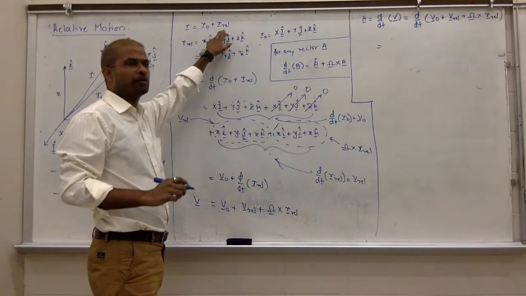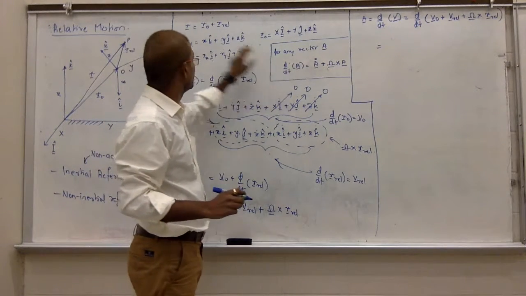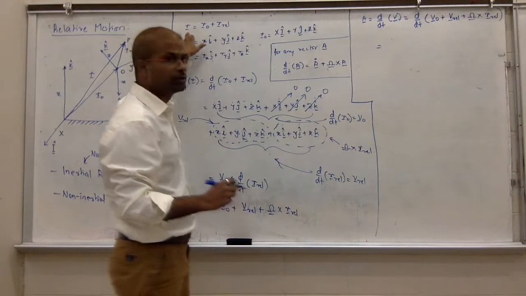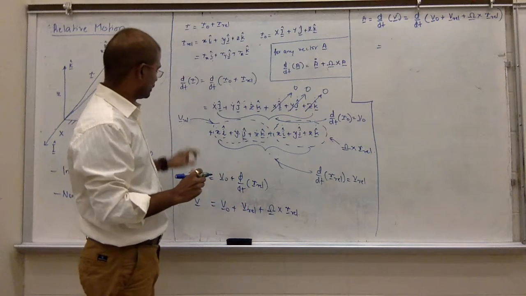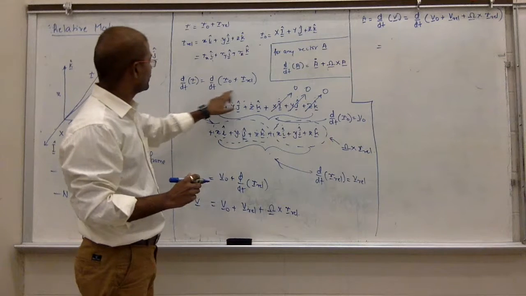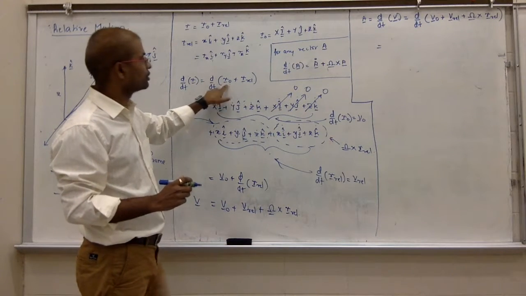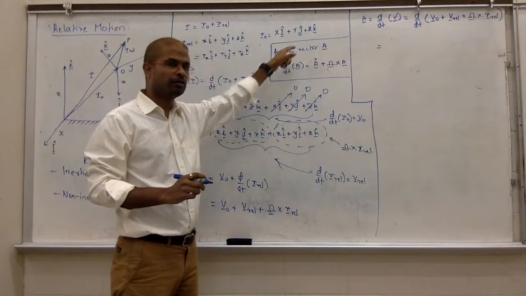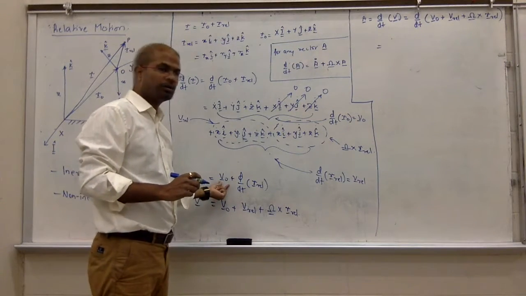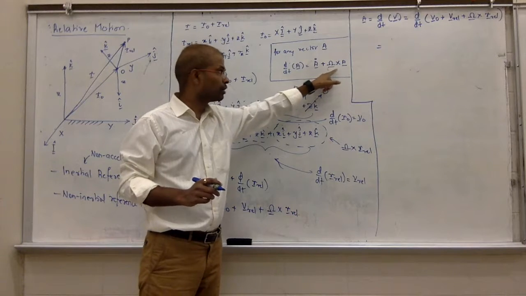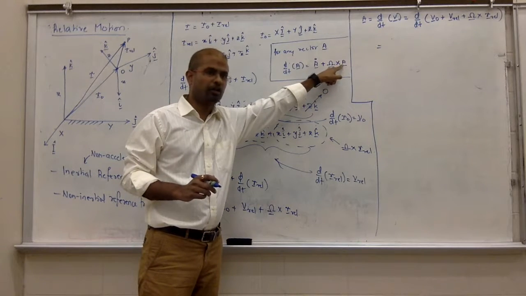We have actually applied this here, right? If you look at this, this is vector A. We applied it here. So this would have been R naught circle dot, which is this V naught, plus omega crossed into R naught.